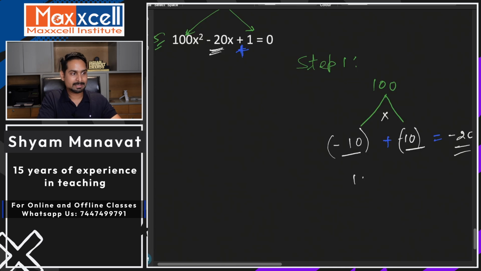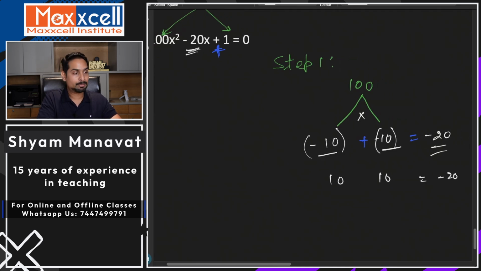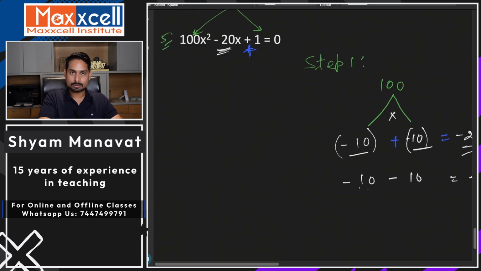Now, you got 10 and 10, but you need minus 20. 10 plus 10 is plus 20, so how will you get minus 20? When you say minus 10, minus 10, you still are adding it, right? Same signs get added, different signs get subtracted. So minus 10 minus 10 is minus 20. So far is clear?